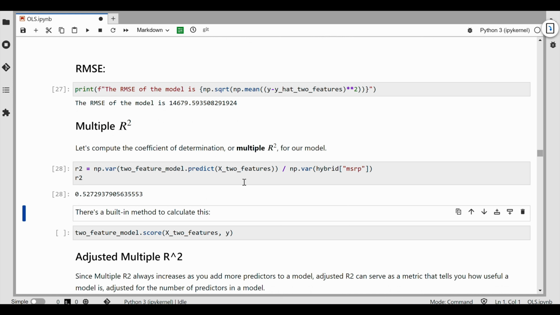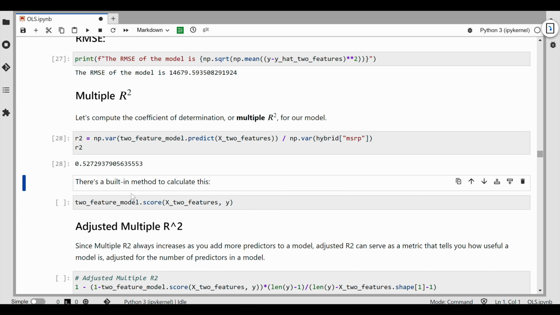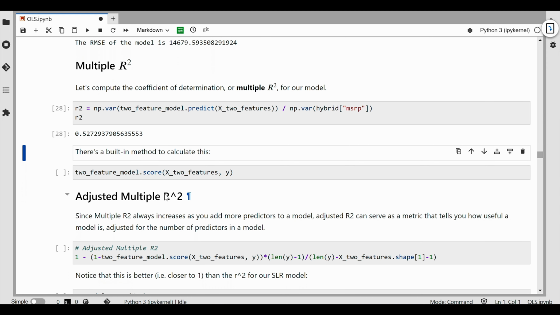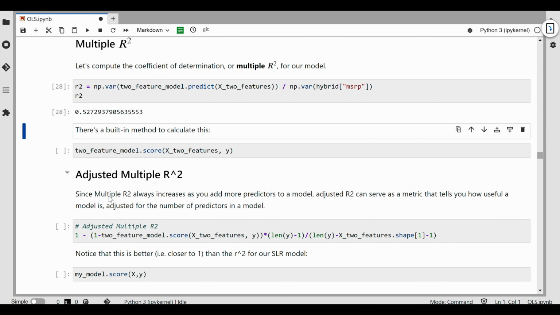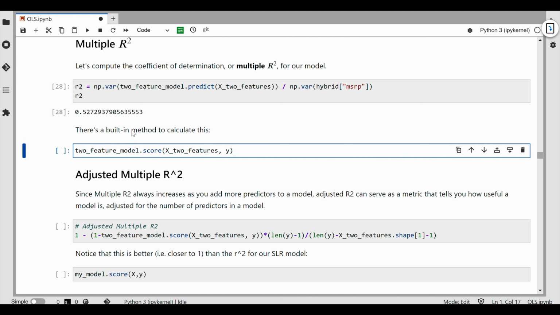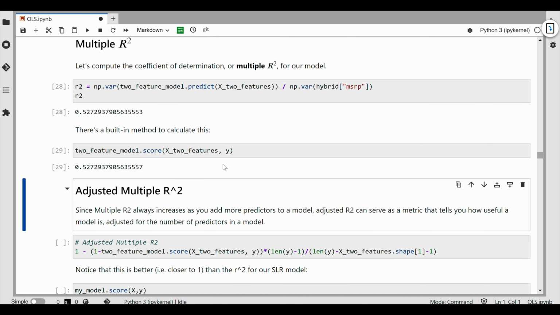But as I mentioned, it's always going to go up when you add new features, as long as they're independent features. So you do want to do an adjusted multiple R squared, which I'm going to do in just a minute here. Just to point out, there is a built-in method to calculate your multiple R squared. You just use .score.